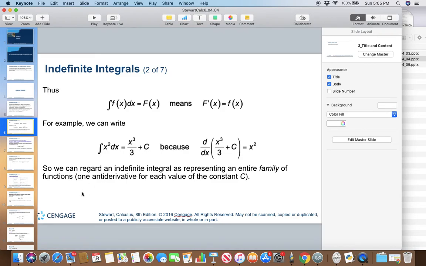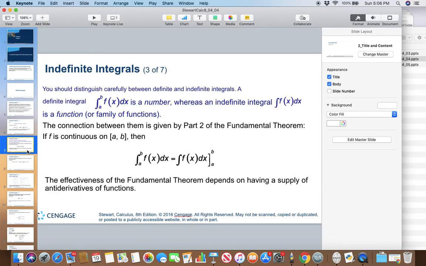C equals negative 20, yet another function. So for varying values of c, you would get different functions. That's why it's called a family of functions. The word family is a collective, like you say a bunch of flowers, or a school of fish, or a group of students. Family is a collective term for functions.